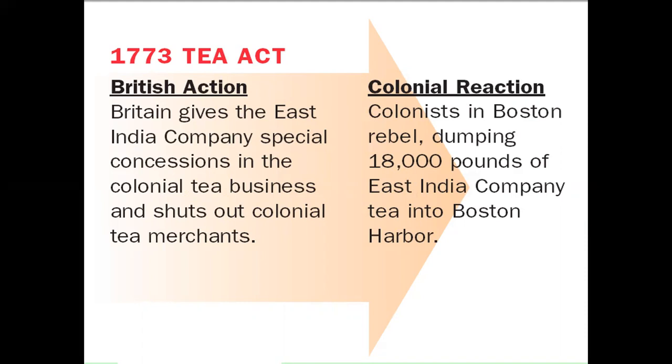This is how we get the Boston Tea Party, when a bunch of colonists dressed up as Mohawk Indians jump onto these ships and dump 18,000 pounds of tea into the harbor. This only increases the problems: trade is shut down even longer, and there's more military control over the colony.